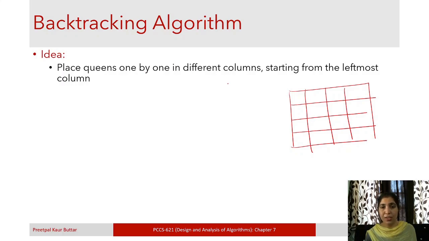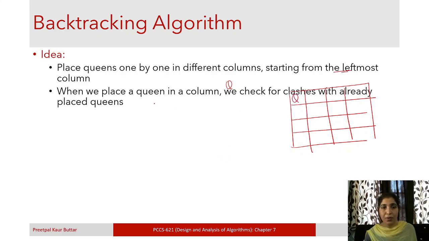So we will pick the first queen and then we will place it in a column starting from the leftmost column. So we place it here. Okay. Then when we place a queen in a column, we check for clashes with already placed queens. So this is the first queen which we have placed. It does not have any clashes with any other queen because there is no other queen, right?